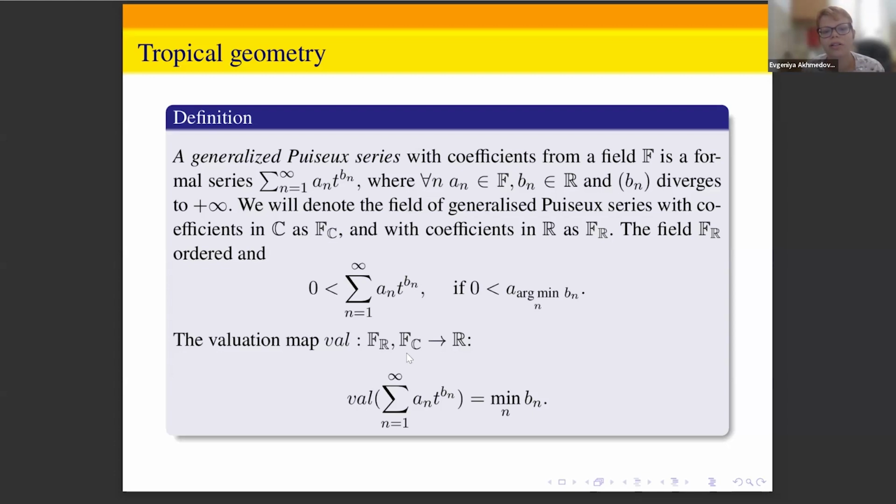And for a series with real coefficients, this field is ordered, where we say that an element is positive if the coefficient of the term of the lowest degree is positive. So again, we have an ordered field, and we can actually define the positive Grassmannian over it, and we can define the amplituhedron over it, because the only thing we need for the positive Grassmannian is the order on the field.